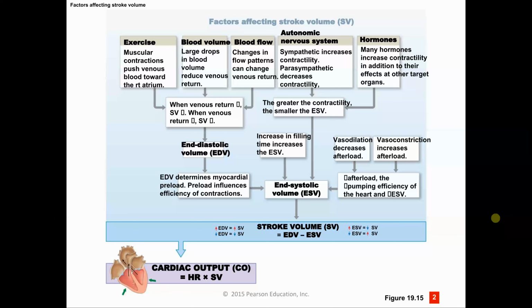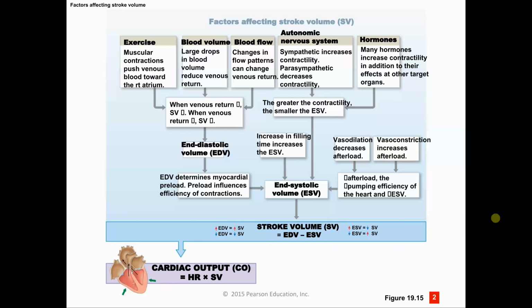Decrease it. You have less blood, so less blood's going to end up going to your heart. Or if you have changes in flow patterns, can change your venous return. So if you're in your sympathetic versus parasympathetic response, or you're really, really cold and the blood is diverting away from your extremities, things like that can affect your venous return.